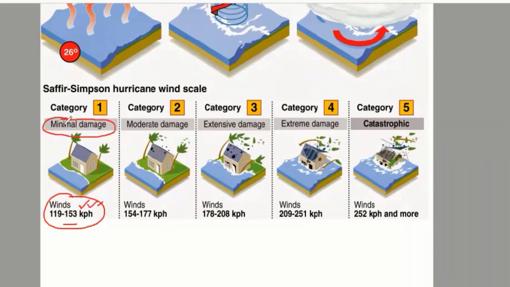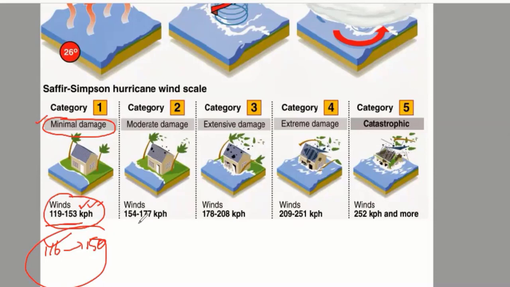I mean, it will create damage, but not that much. That is known as minimal damage. And what is the speed? From 119 to 153. It can be plus minus, meaning it can be 116 here, it can be 152 or 150. So no need to be worried about this one.